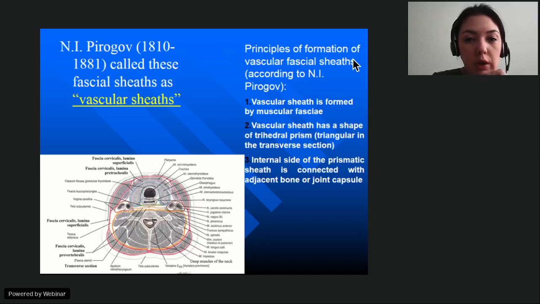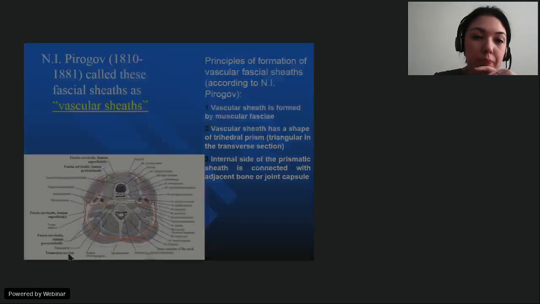The vascular sheath has a shape of a trihedral prism, triangular in the transverse section. The internal side of the prismatic sheath is connected with an adjacent bone or joint capsule. So these are three main principles of formation of the vascular facial sheath, and we will see it in every region.